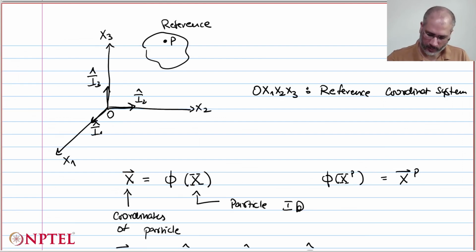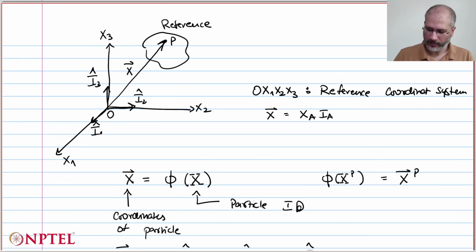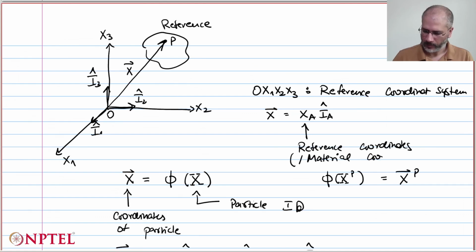And when we express a vector capital X using its components in the reference coordinate system, these components are called reference coordinates or material coordinates of the particle with an ID X. Well, in this case, it's X^P because I've expressed the position of point P. But in general, for a general point in the body, we will not have a superscript.